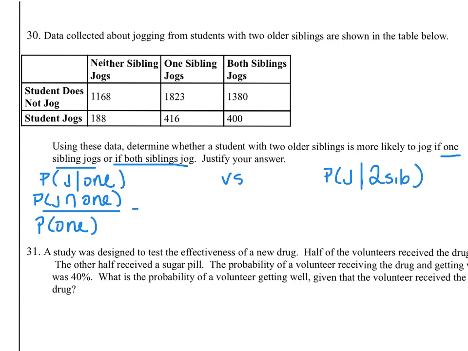Okay? Well, like I said, the probability of jogging and one sibling would be 416 over all the people that have just one sibling. So that would be right there. You would add those two numbers. Okay, and that ends up being 2,239. All right, now when I work that out as a decimal, that's 0.1857.